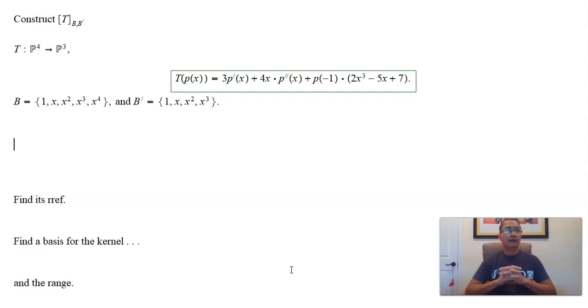Okay, our next item on our list is, of course, the main problem, which is to construct the matrix for this transformation. So we are going from P4 to P3, from a 5-dimensional to a 4-dimensional space.